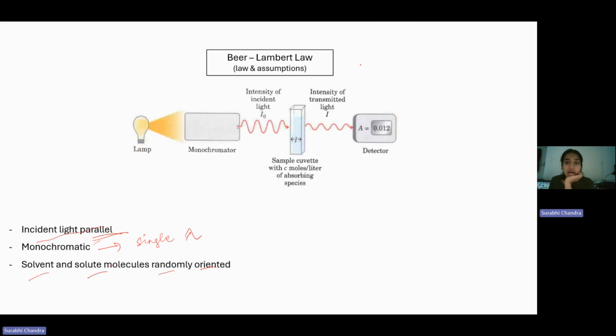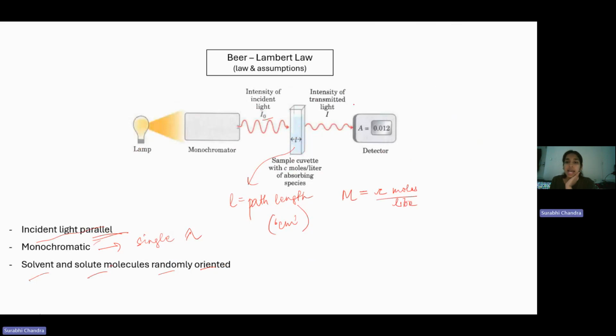If the incident light has initial intensity I naught, it passes through a cuvette of path length L, which is usually in centimeters, and the sample has a molarity of C moles per liter.